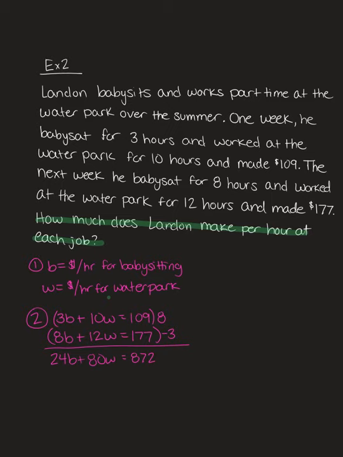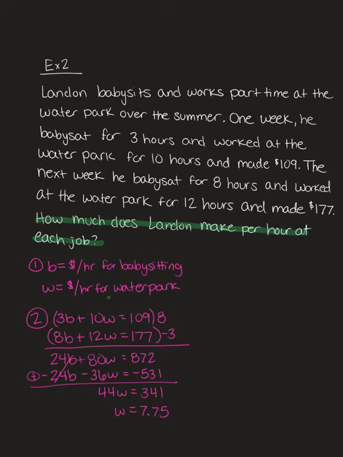The second equation, because I'm multiplying by a negative, is negative 24B minus 36W is equal to negative 531. I can add my equations together and eliminate B. 80 minus 36 is 44. 872 minus 531 is 341. Divide by 44 on both sides, and you will get that W is equal to 7.75.